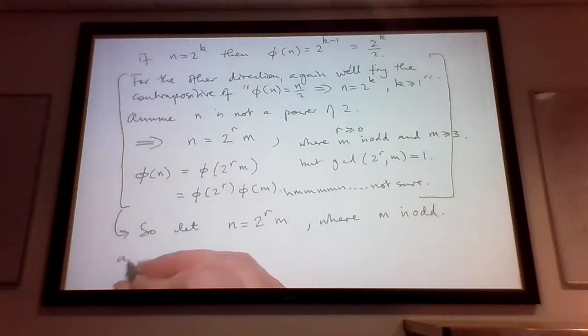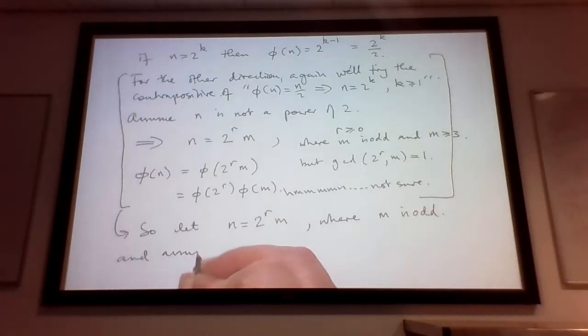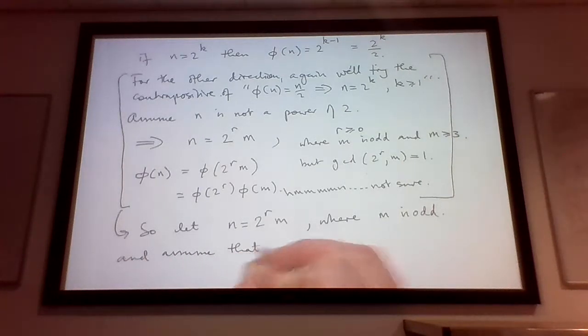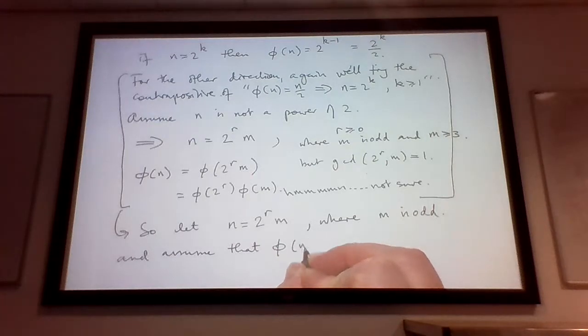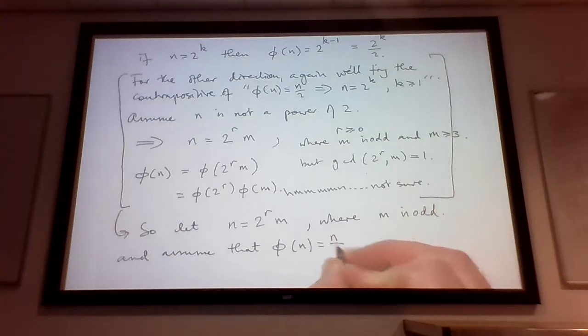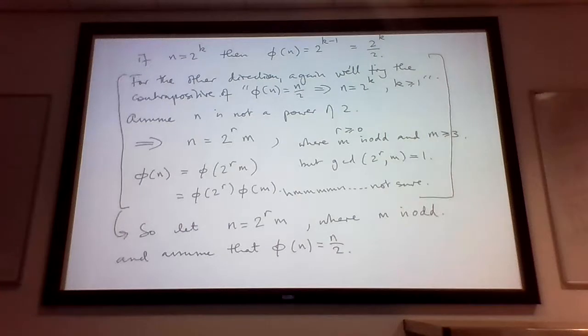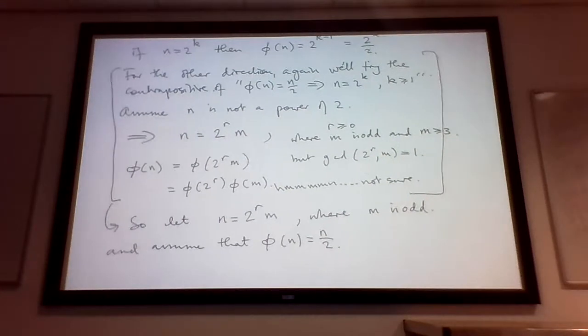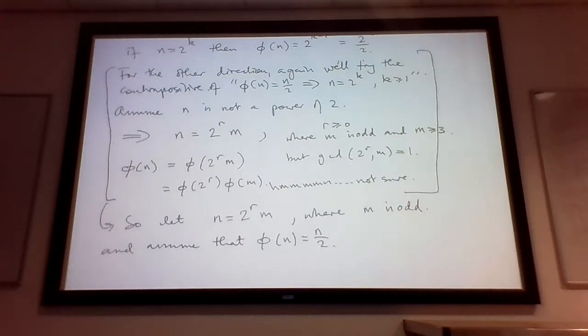So now we're trying to do the left implies the right. So we assume that phi of n is equal to n over 2. Yeah, this gets it for us, I believe.